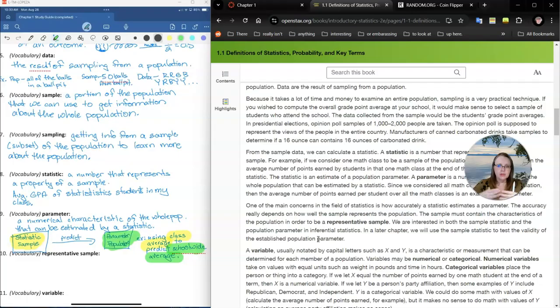And if I'm genuinely interested in all student athletes, I want to make sure that the sample I pick represents all student athletes.